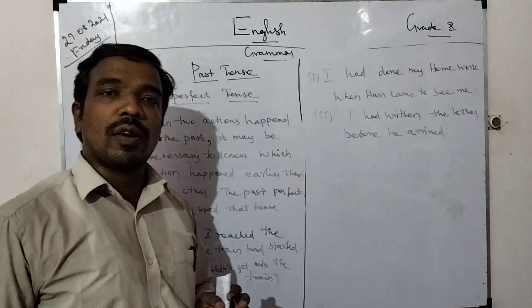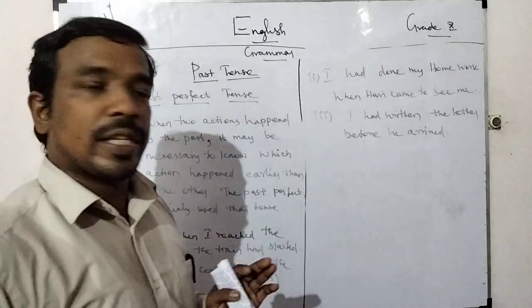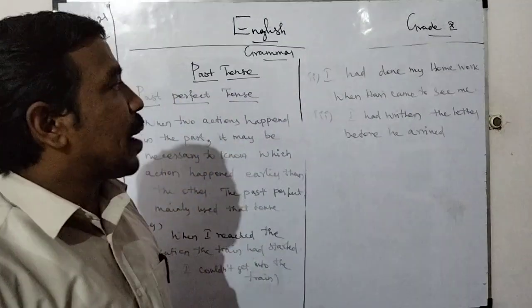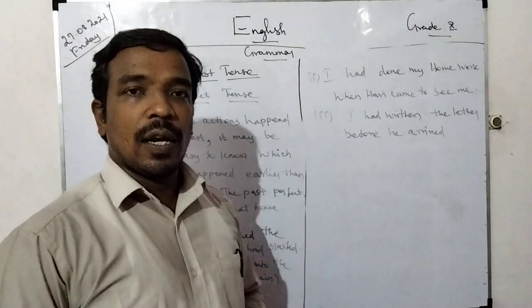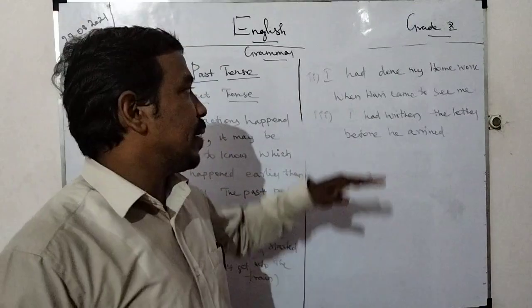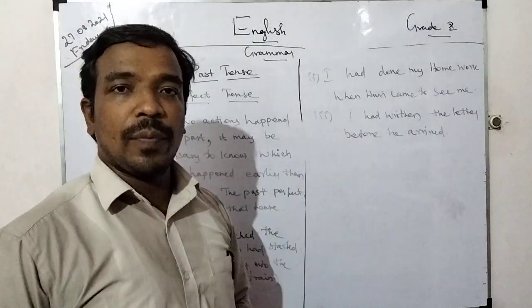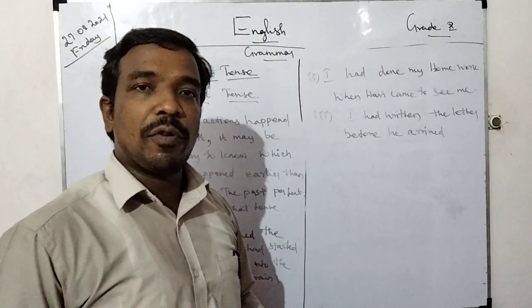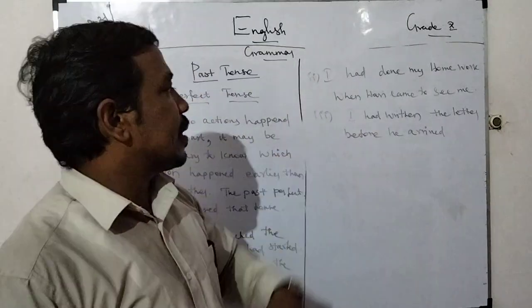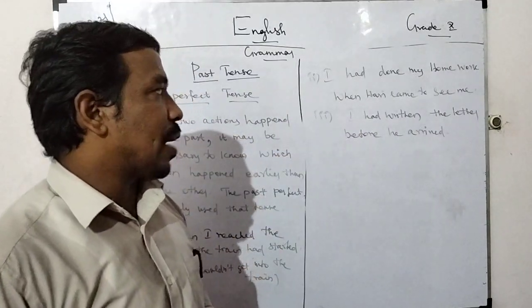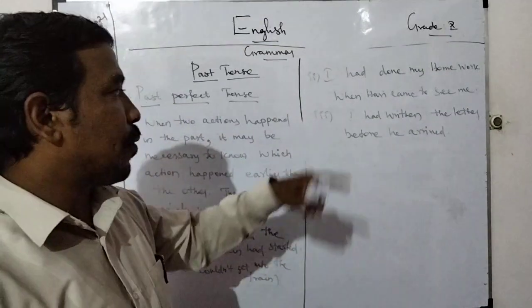Already the train started and left the station. I had done my homework, that is the first action, when Harry came to see me. I completed my homework. After that, Harry came to see me. I had written the letter before he arrived.